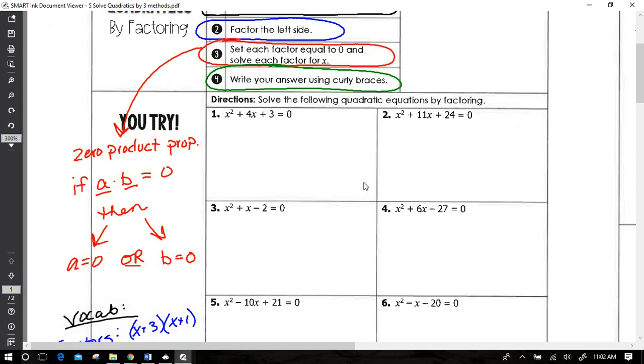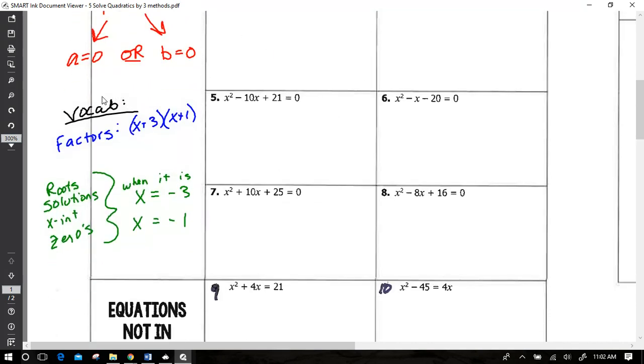All right. And then I do want to just come down here and give you some vocabulary clarification. So roots, solutions, x-intercepts, and zeros, it is all when the x equals a value. But we are also going to start incorporating factors into our vocabulary with quadratics.